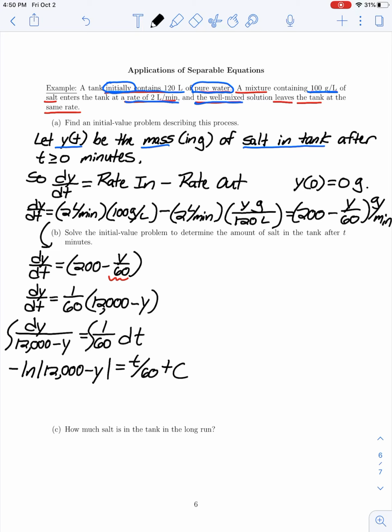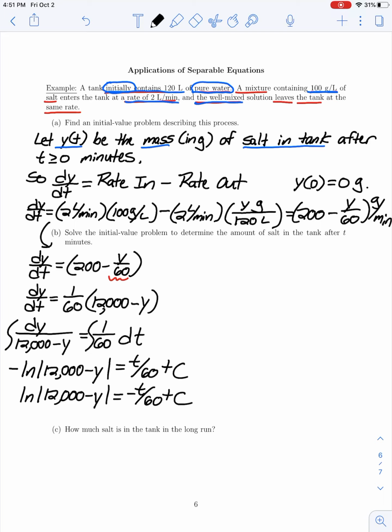And I want to try to solve explicitly for y here. So if I were to first multiply everything by a -1, I would have the positive natural log of absolute value 12,000 minus y is equal to -t over 60 plus c. Now, why not minus c? Well, c was an arbitrary constant, so whether I give it a positive sign or a negative sign, it doesn't matter. It's still an arbitrary constant.